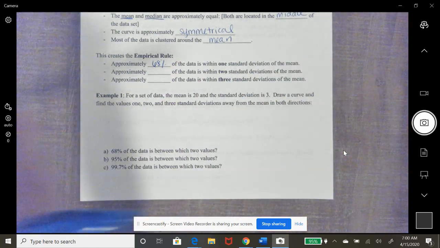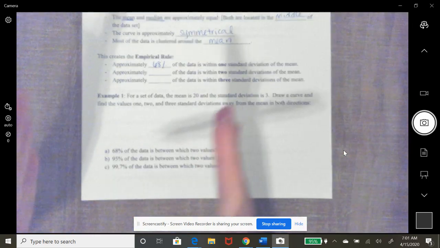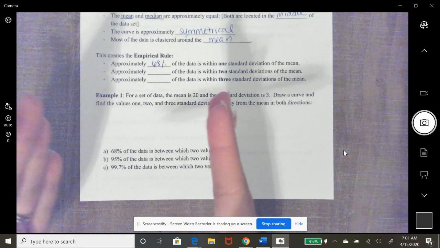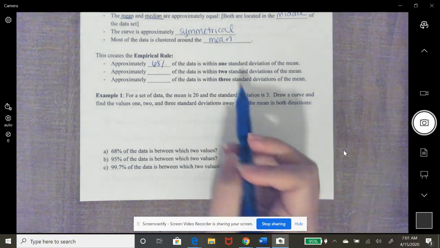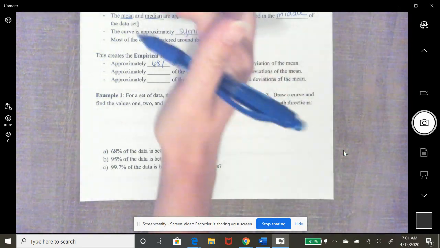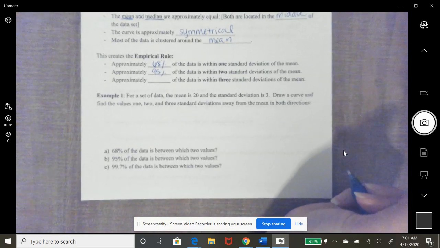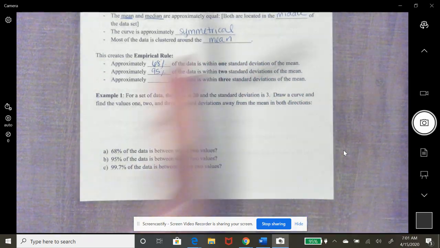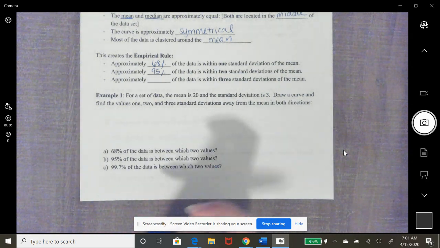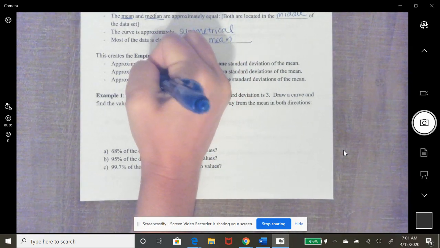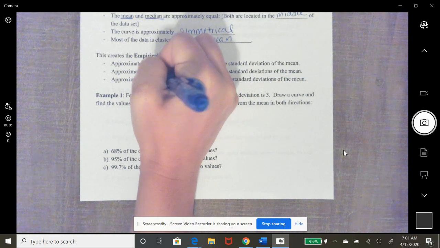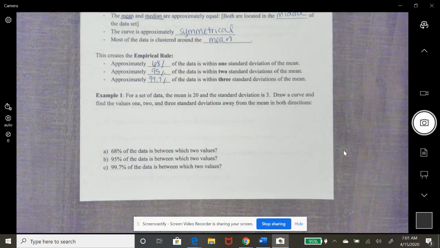If you go 1 standard deviation out both ways, it's going to have almost 70% of your data. If you go out 2 standard deviations both ways, it's going to have 95% of your data. That goes out a little bit further. But if you go out 3 standard deviations, it's almost going to have all of your data. 99.7% of the data is within 3 standard deviations of the mean.